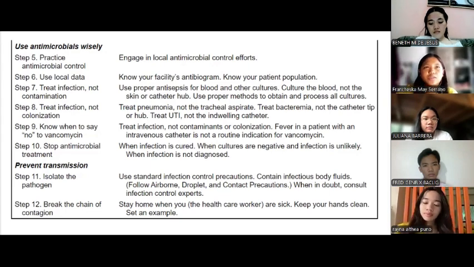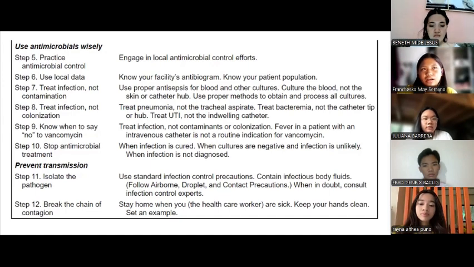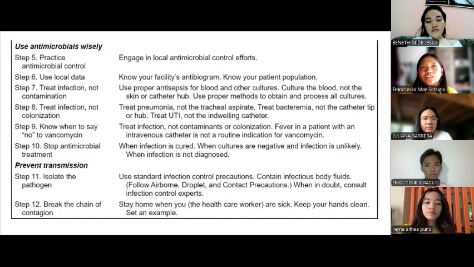example na lang, situation na. If a patient goes in a clinic to get a blood specimen, kasi may nararamdaman siya, you target the infection, not the contamination. The contamination is the one na-introduce sa specimen because of the healthcare workers' fault.